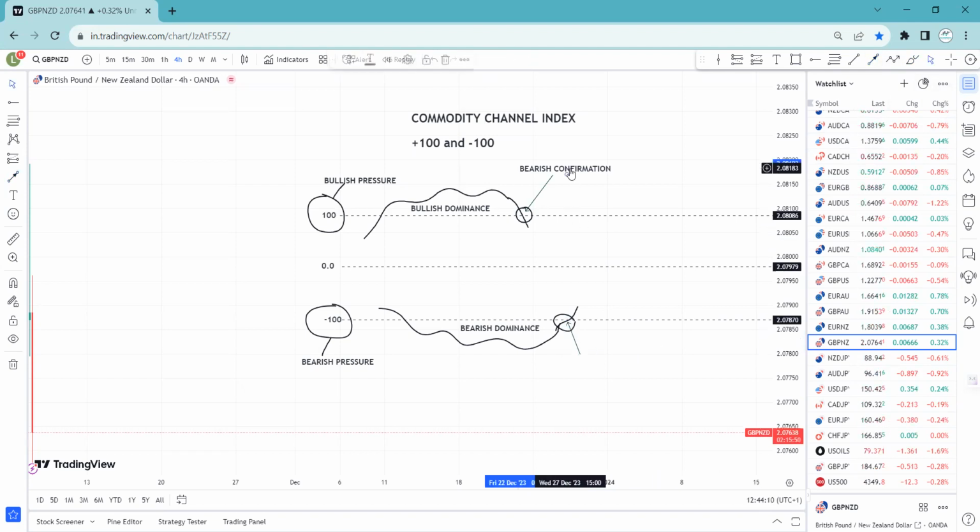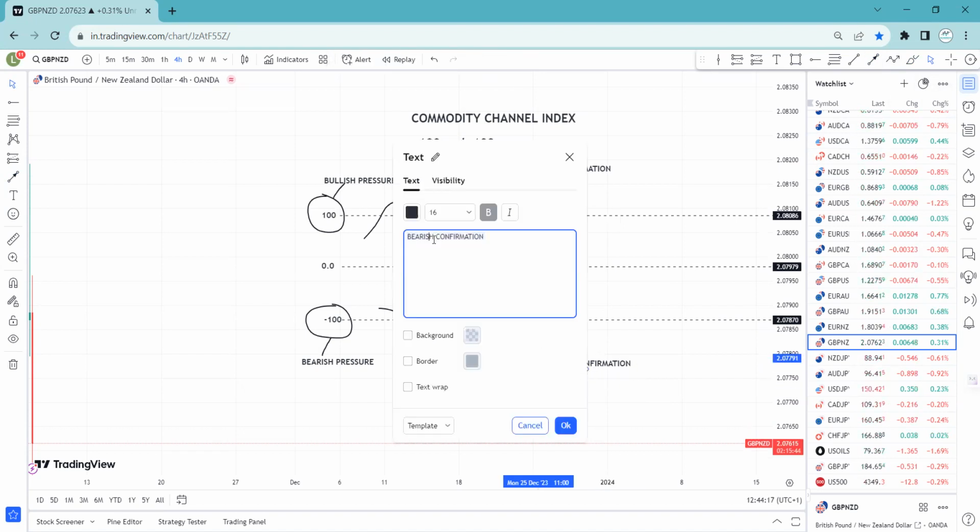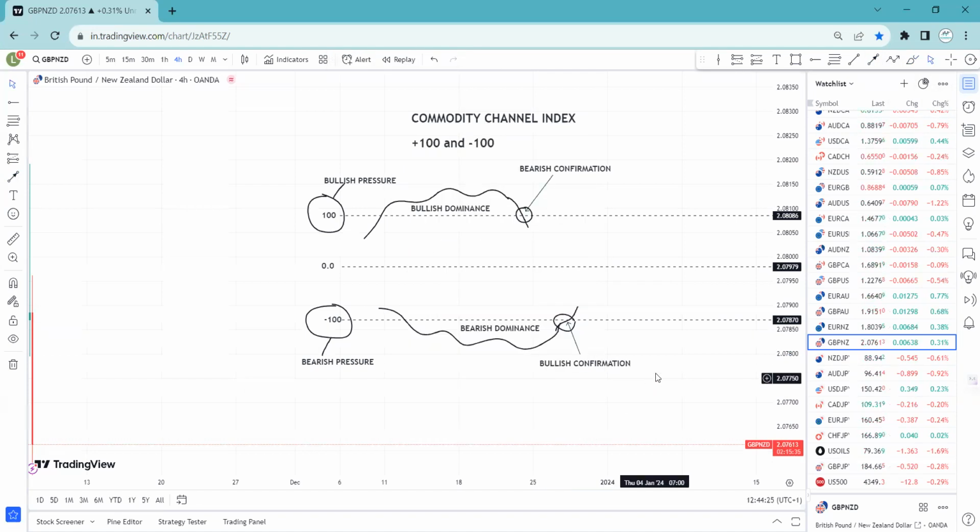So they are giving off their dominance. It simply means that the bulls will jump into this market. Remember, there are only two participants, the bulls and the bears, who constantly fight. So we are going to be having some bullish confirmation only at that point.